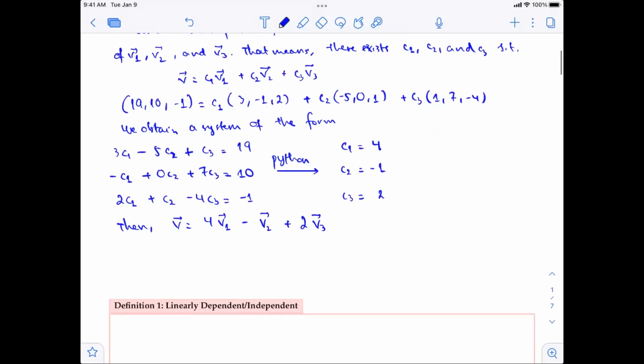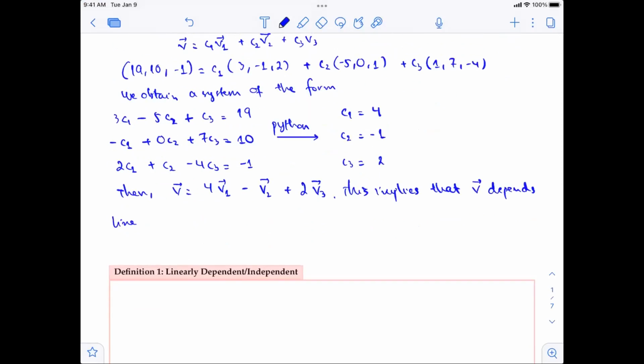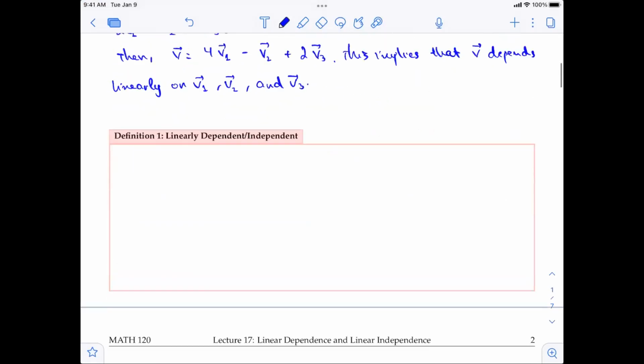So this implies that V depends linearly on V1, V2, and V3. In a way, you see the concept of linearly dependent or linearly independent in this particular example. So let's write down the definitions.